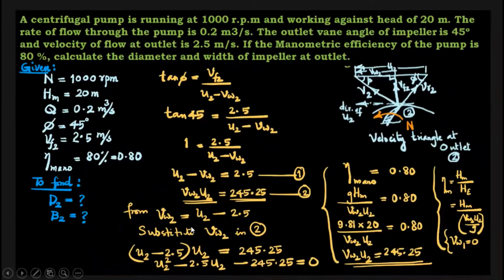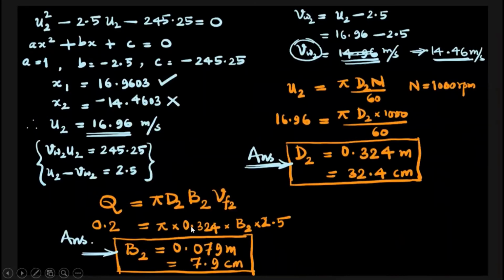So solve the quadratic equation of the form ax square plus bx plus c is equal to 0. Either use the equation solver in your calculator, or you can use x is equal to minus b plus or minus square root of b square minus 4ac by 2a.